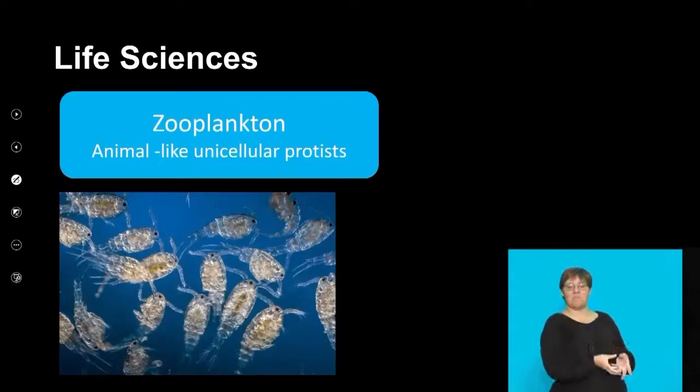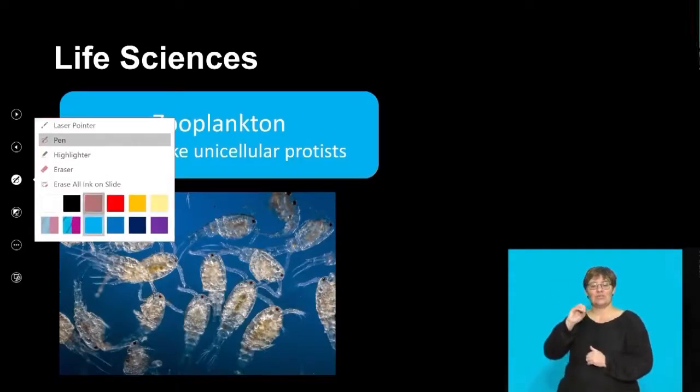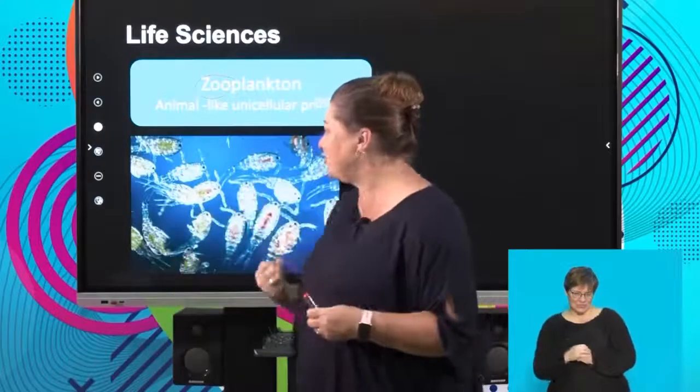The animal type ones, let me just change the color of my pen quickly. Zooplankton. And that's what animals are. Animals belong in a zoo. And if we have a look at these creatures, you can see they are microscopic, they are unicellular, and what they do is they are going to form the basis, again, of a lot of the food chains in the aquatic environment.